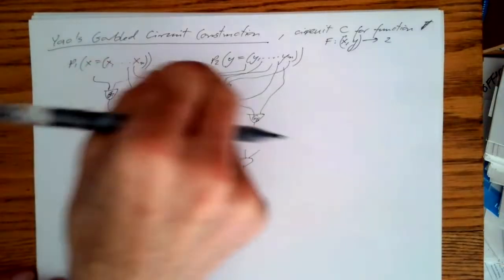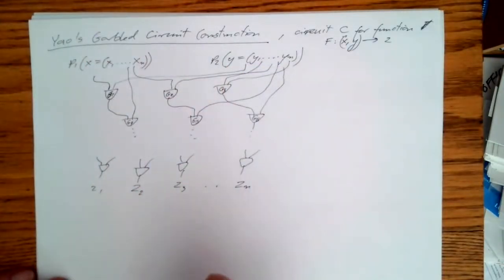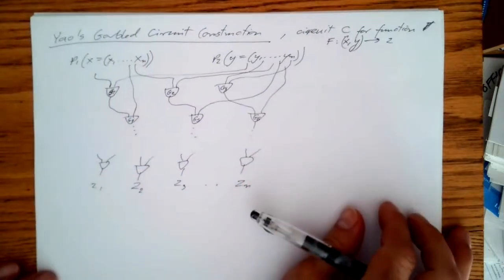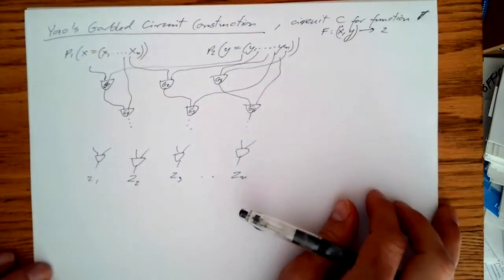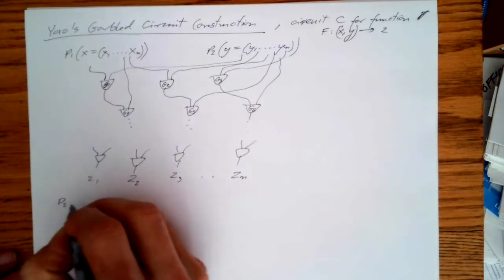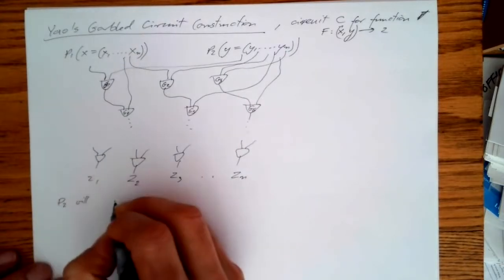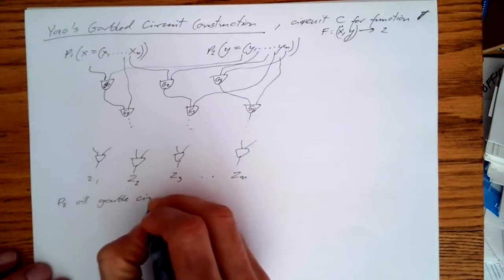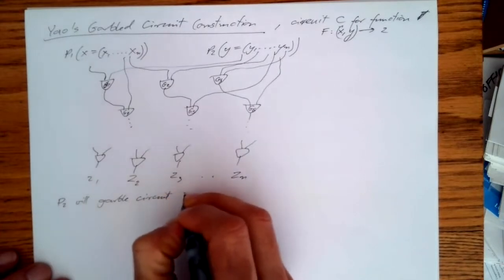The inputs of both parties can differ in length, and you don't have to pad them to equal length. Okay, so P2 will garble circuit C.